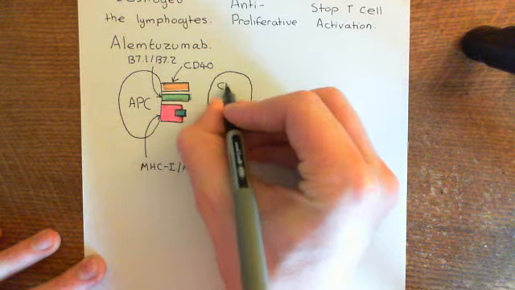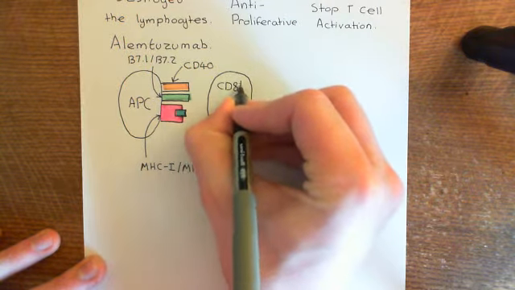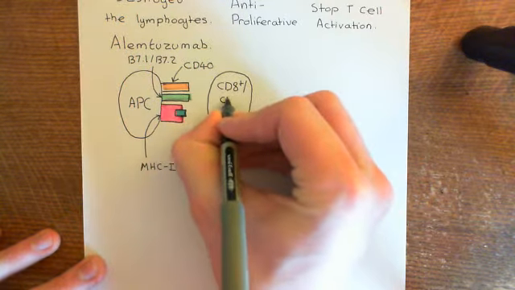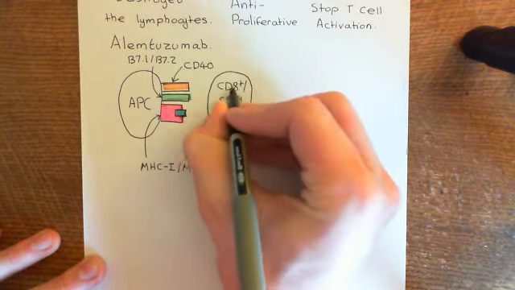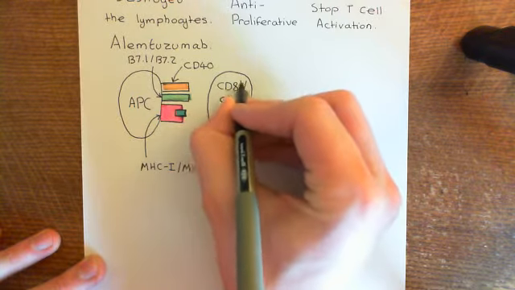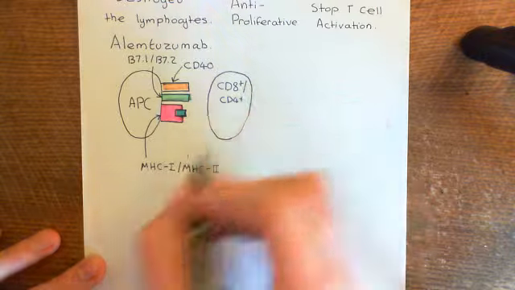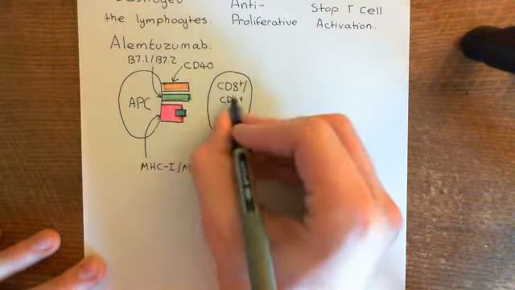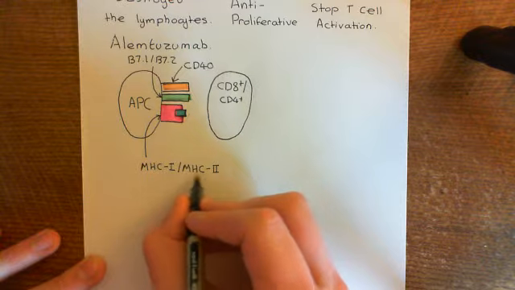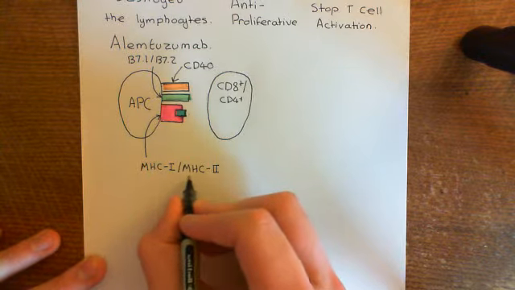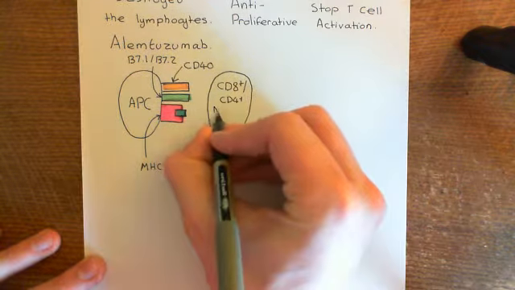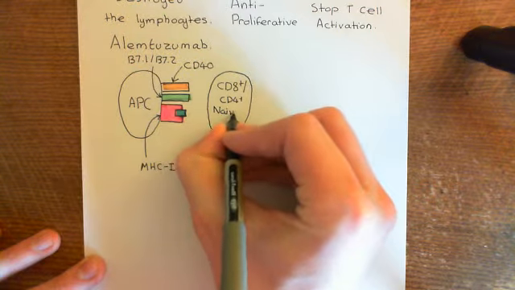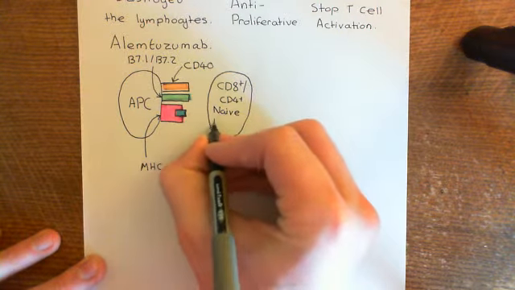So again, it's either CD8 positive or CD4 positive. So I will put the one that's in front to match the MHC class 1, which is also in front, and the one that's second will be always what we would have in the second case, basically. Okay, so we'll have a CD8 positive or a CD4 positive naive T cell.